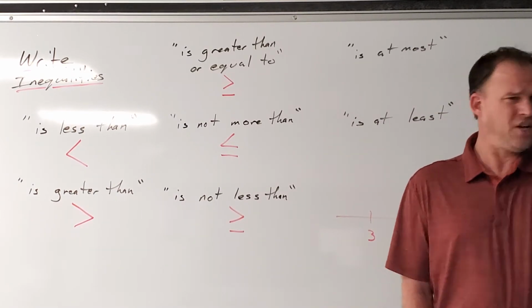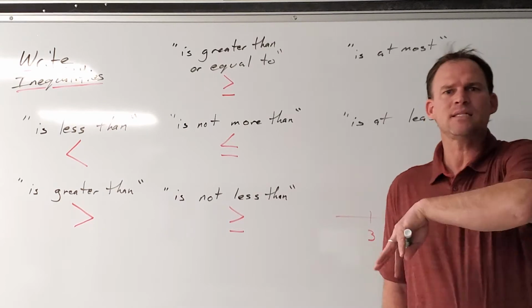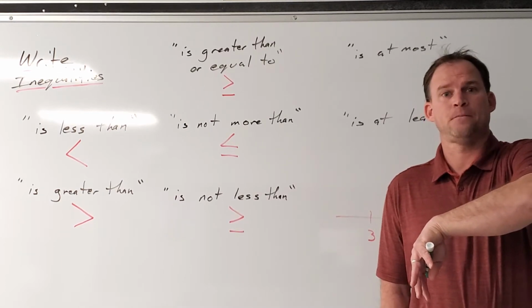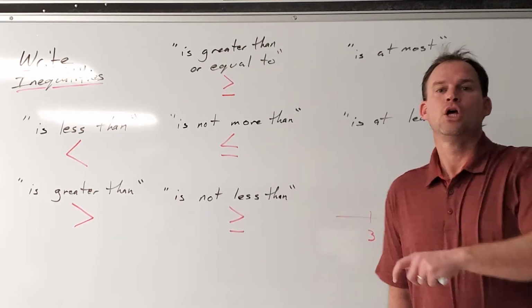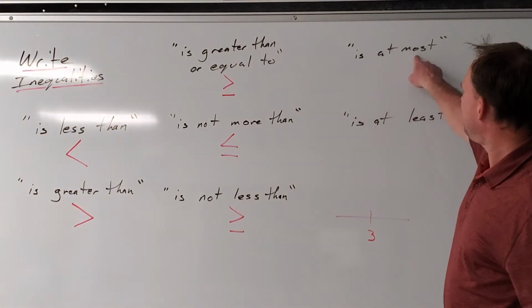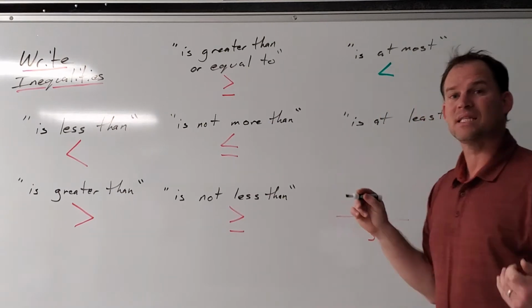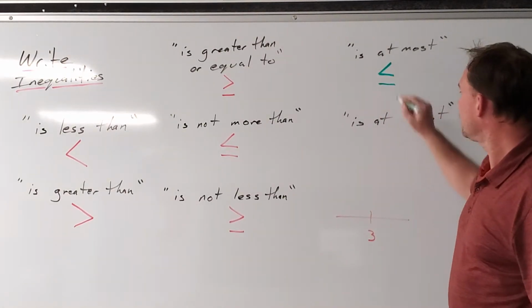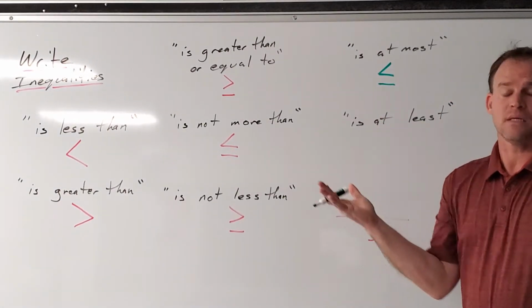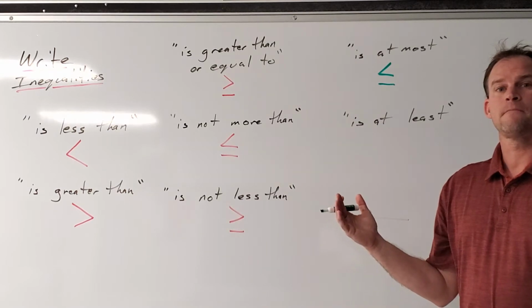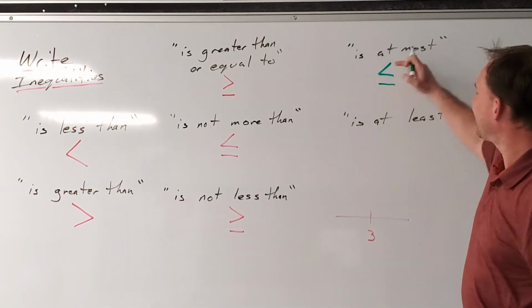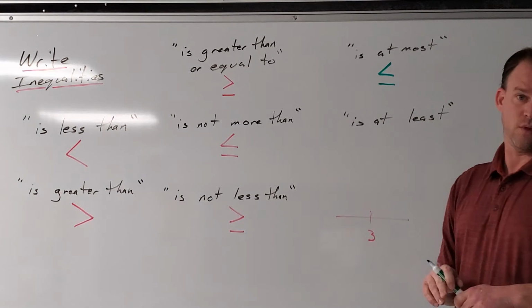Could I have more than that? No, that's the most. Could I have less than that? Yeah, I could. So when you see is at most as a phrase, it means less than, or could be equal. I got at most $10. Could you have $10? Yeah, I could have $10. I can't have more than that. I can have less than or equal to that.